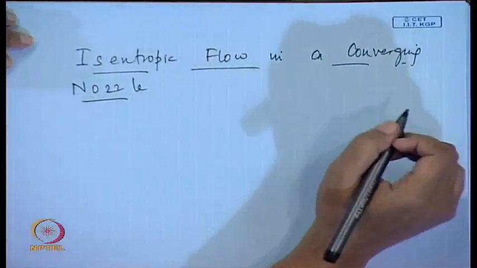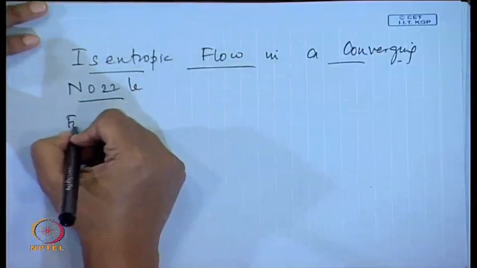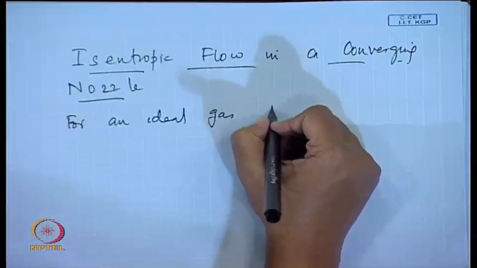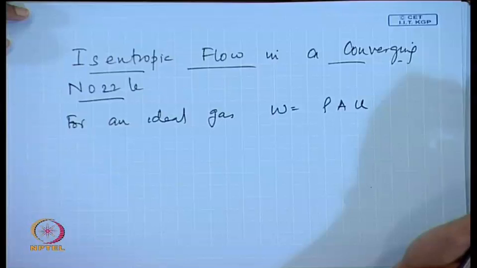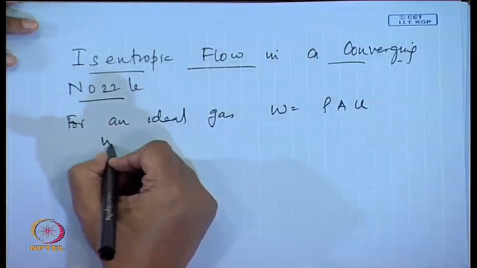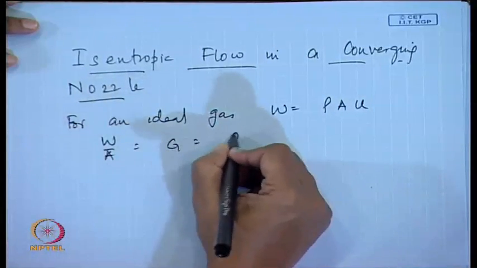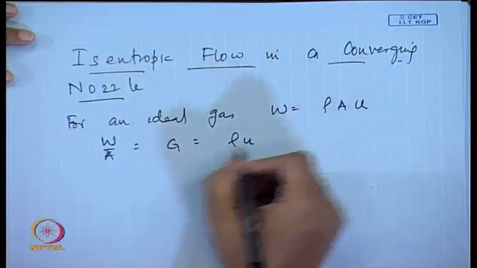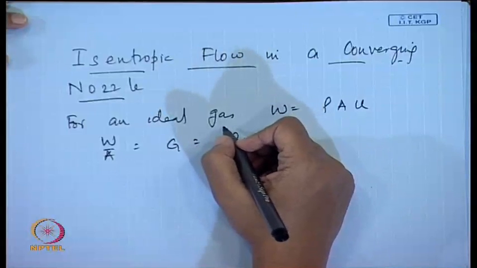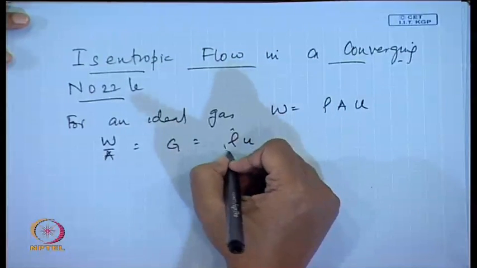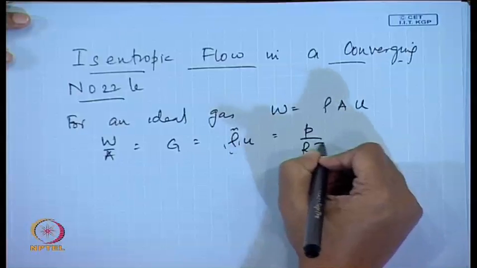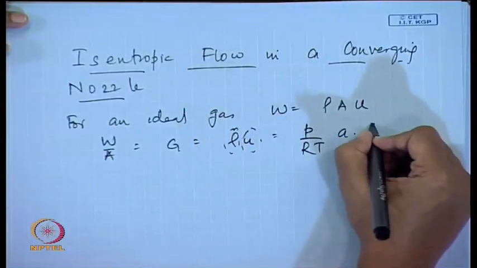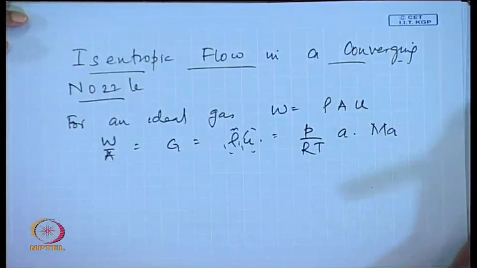So, for this particular case, we know that for an ideal gas in a converging nozzle, what do we know? W equals this, all of us know, or in other words, W by A, this is nothing but G, this is equal to rho u. Now, since we have already assumed it to be an ideal gas, this rho can be written as P by RT, yes or no? This u can be written down as a into Ma, agreed.